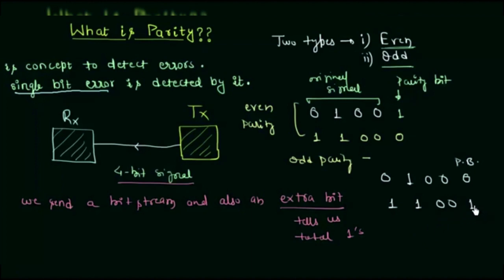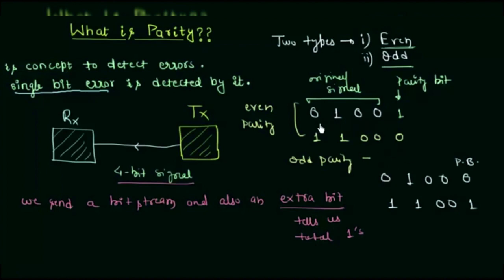So this is very simple, but how are we going to detect the error now? Right now we know that in parity, we just add an extra bit which tells us about the total number of ones, whether they are even or odd. Now how are we going to use this information for error detection?